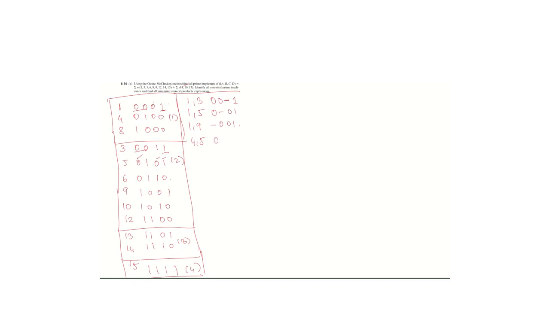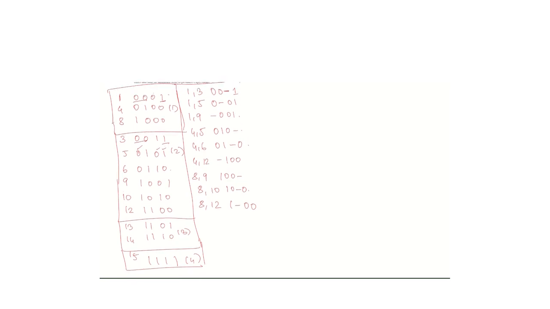So this will be 0 1 0 dash. 4 comma 6 would be 0 1 dash 0. 4 comma 12 will be 1 0 0. 8 comma 9 will be 1 0 0 dash. 8 comma 10 will be 1 0 dash 0. 8 comma 12 will be 1 dash 0 0. Okay, these are all the combinations that we can find.